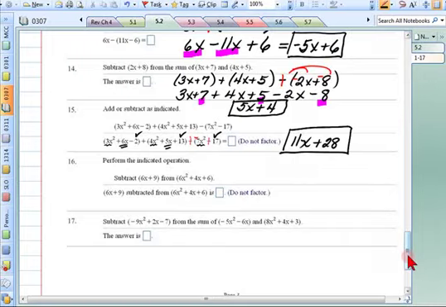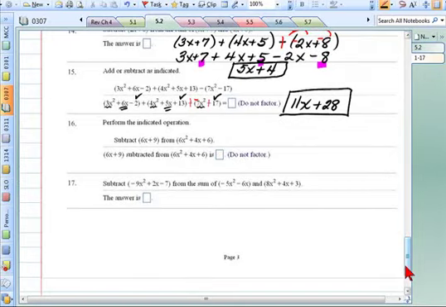All right, problem 16. It says subtract 6x plus 9 from 6x squared plus 4x plus 6. What am I going to write down first? 6x squared. Yeah, 6x squared plus 4x plus 6. And I'm going to subtract 6x plus 9.